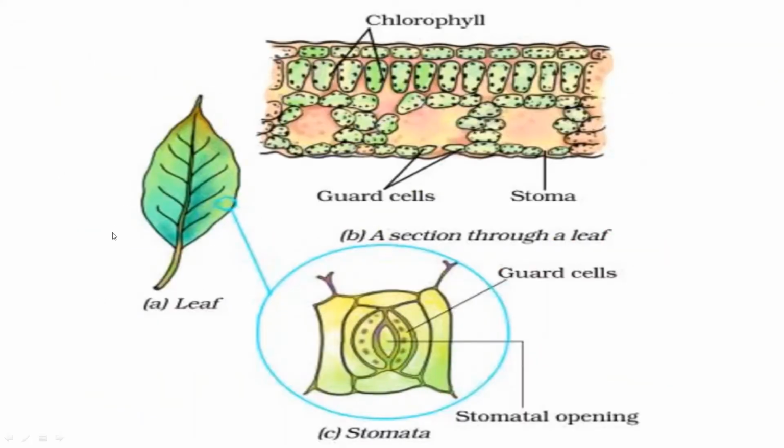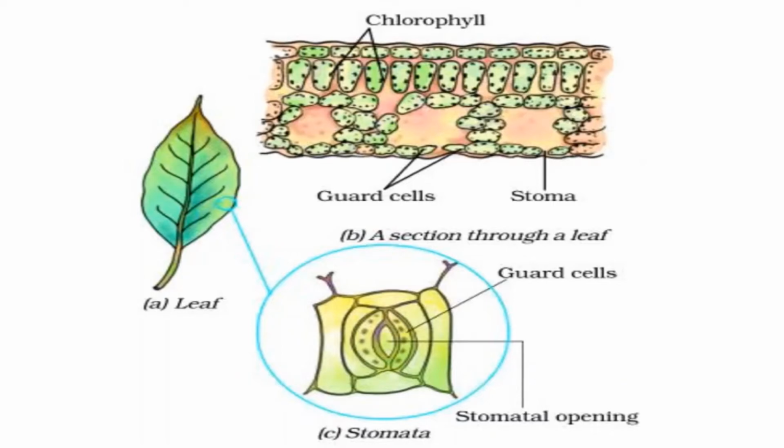So leaves can be said to be the kitchen of the plants. And who inside the kitchen actually works? See, the chlorophyll. The chlorophyll are the ones who absorb the sunlight and help in the process of photosynthesis.